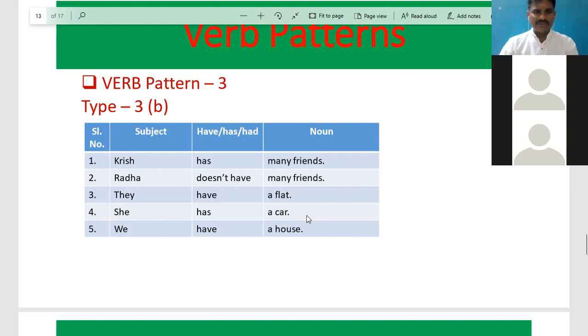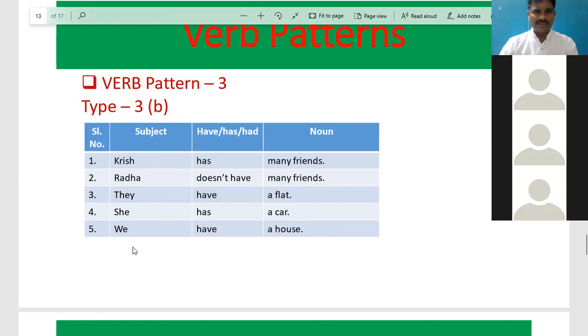Next example, anyone? Lavanya, say one example. Lavanya has a scooty.